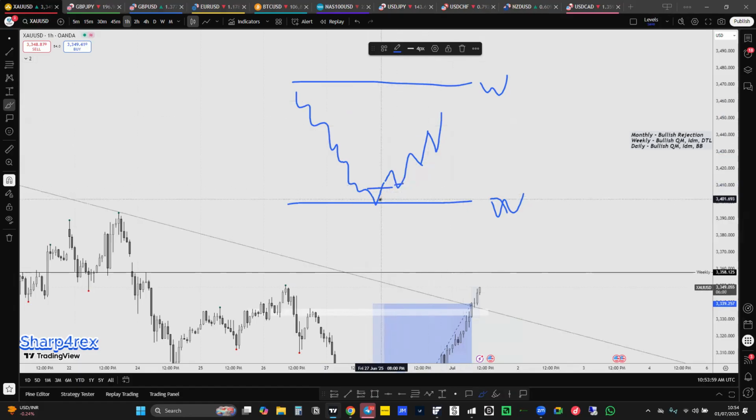So without a level, a point, a POI, let's say a level yet, it's difficult to get direction. Without a POI, it's difficult to get direction. That is what I want us to know.